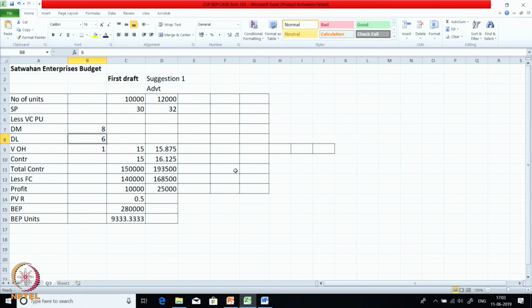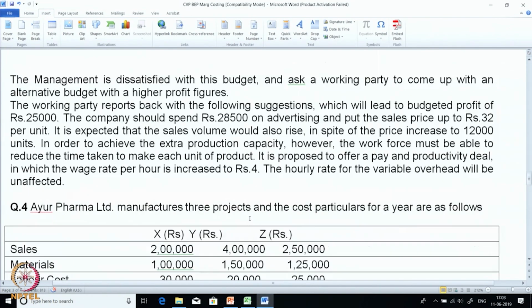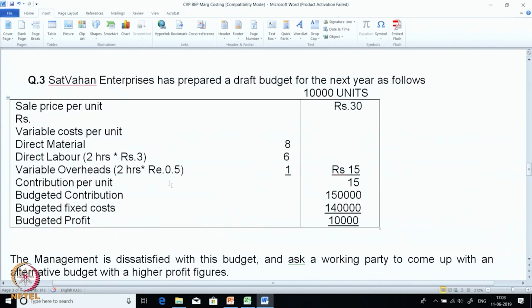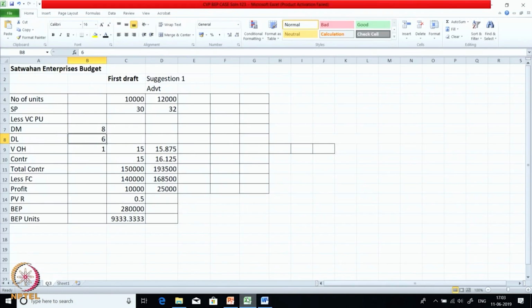The current calculation was 2 into 3. If you make it 2 into 4, it will be 8, 8 and 1. What will be the total? The total will be 17. But we do not want the total variable cost to exceed 15.875. So how to manage it now?